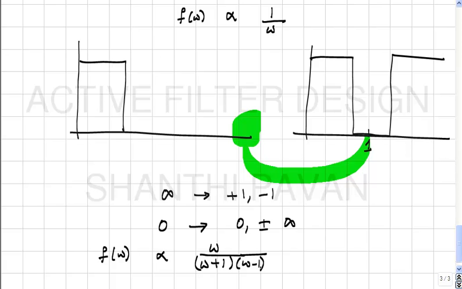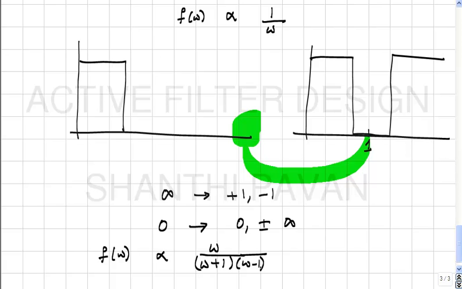Does it make sense? And again, those of you who still remember your network stuff would be able to immediately recognize that this corresponds to replacing an inductor with a parallel combination of L and C. Okay, all right.